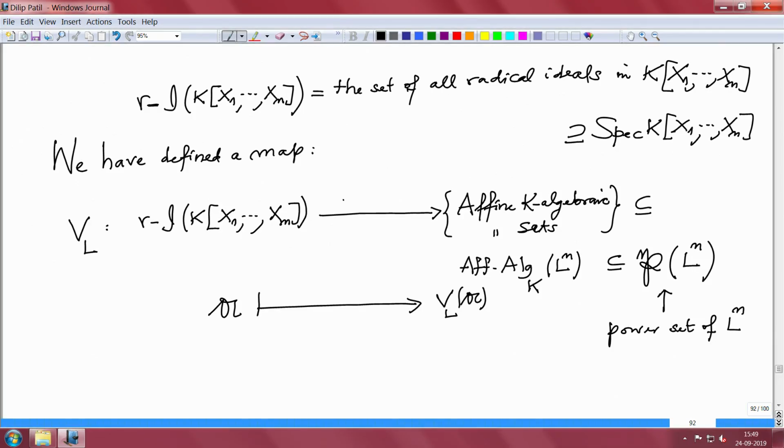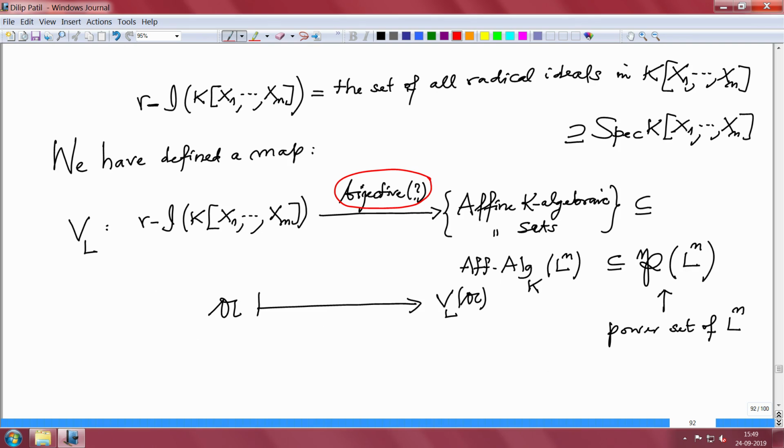Also I am going to define a topology, so I can talk about open sets, closed sets, and so on. So, when can I prove that this map is bijective? That is where I will concentrate. I am looking for some assumptions that will tell us this map is bijective. This is what we are looking for.